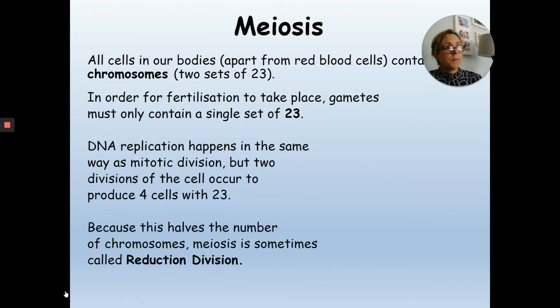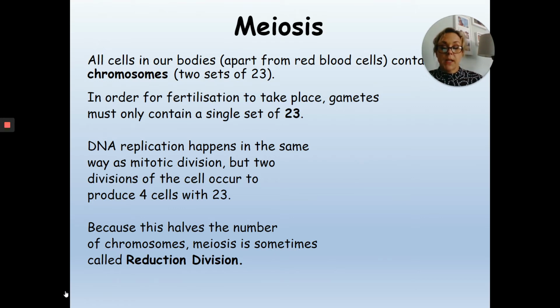So sometimes this way of cell division is called reduction division because it reduces the number of chromosomes. Okay, so with meiosis, instead of having 2 daughter cells that are genetically identical to the parent cell, we end up with 4 daughter cells that are completely unique.